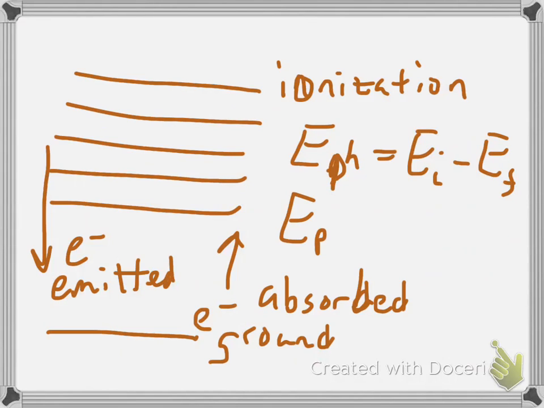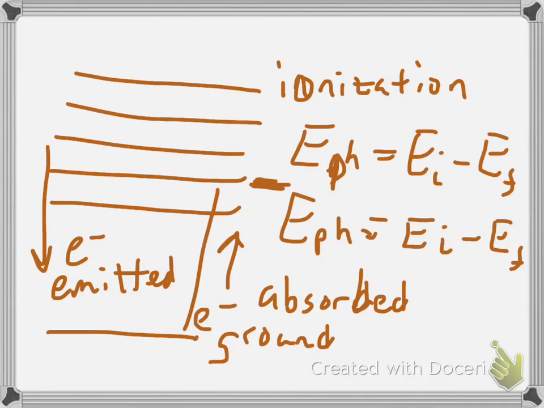We can find out the energy of that photon that's emitted by finding the change in energy levels of that electron. Now, the energy of that photon has to match the change in energy of the electron exactly. So in order for an electron to jump up to, let's say, this level right here, it has to absorb exactly that amount of energy.